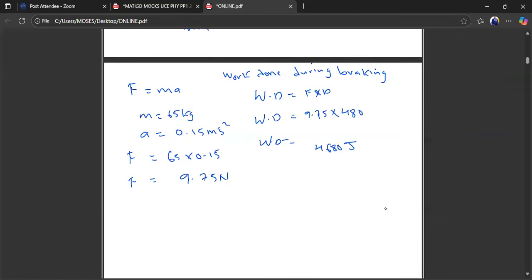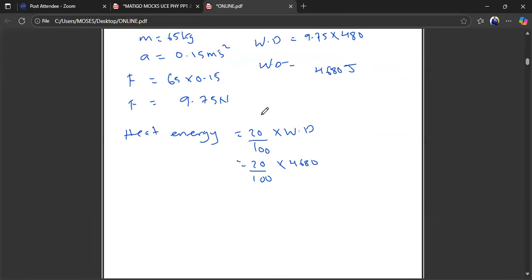Then heat energy is going to be 20% of work done, which is 20 divided by 100 times 4680. I'm getting 936 joules. This is the heat energy.